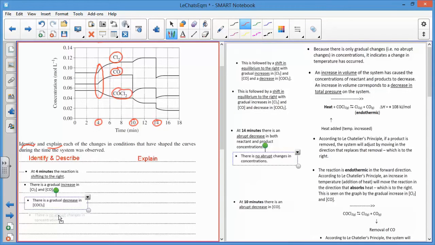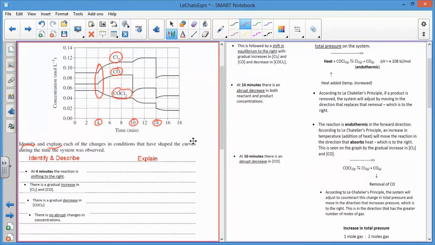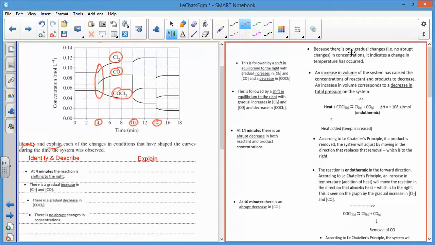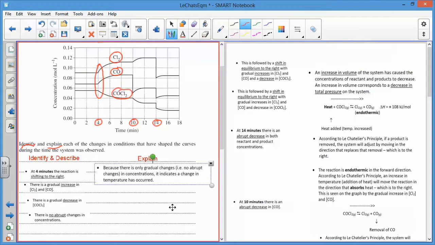So that's indicating that we've got a temperature change. That's starting to explain it now. Because there are only gradual changes, that is no abrupt changes, it indicates that there's a change in temperature.